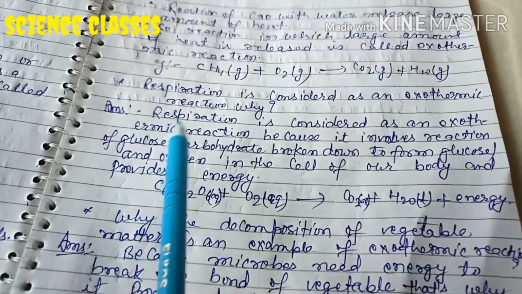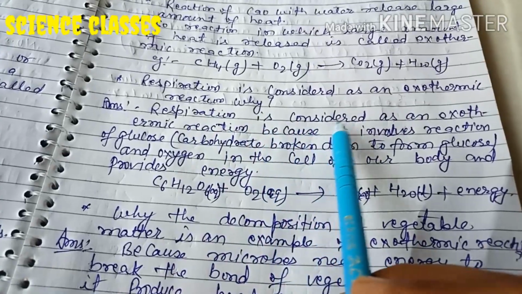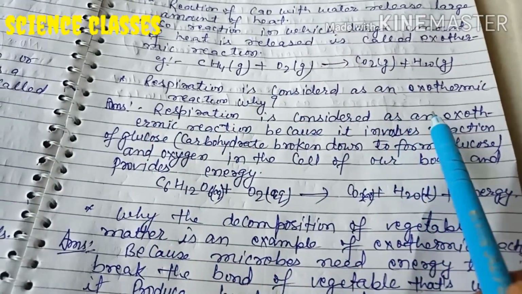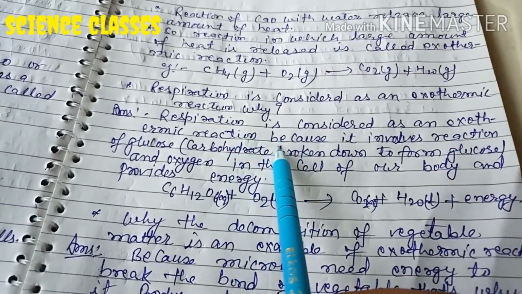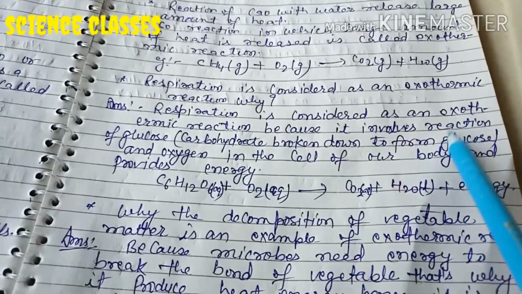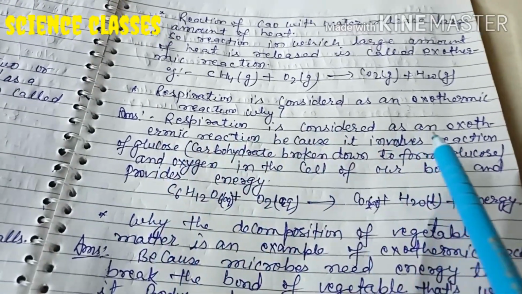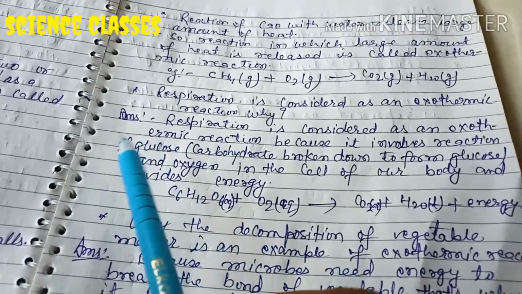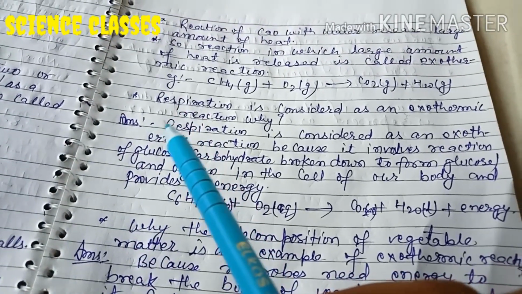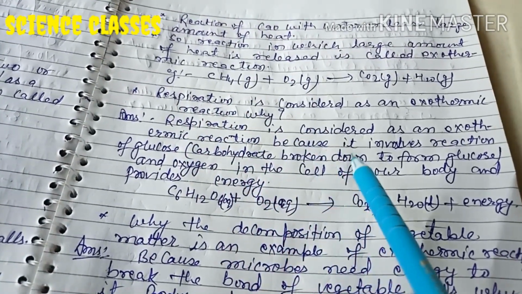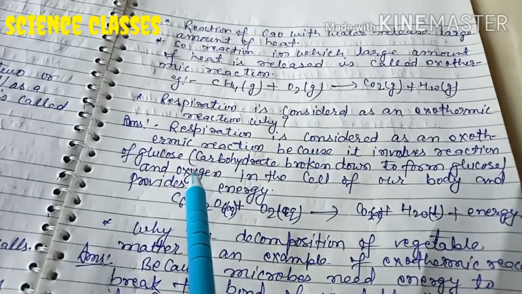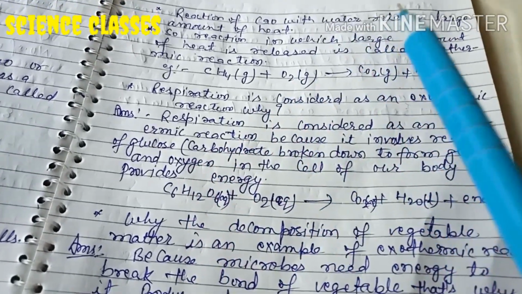Respiration is considered an exothermic reaction because it involves the reaction of glucose. How is glucose formed? Carbohydrate is broken down to form glucose.